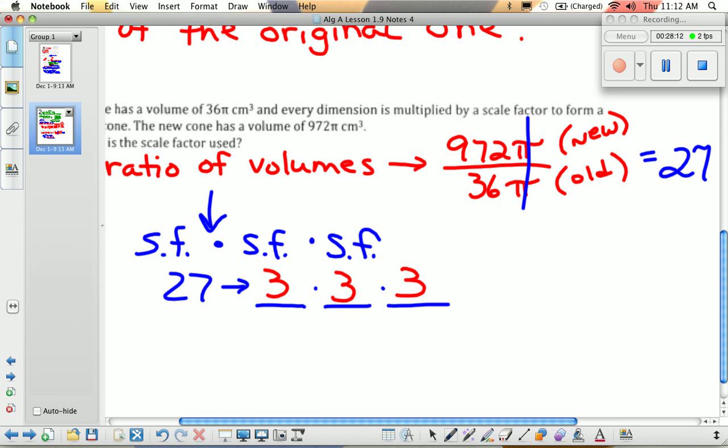We just did this yesterday. I made one that was a 3 by 3 by 3, and you told me that 27 cubes fit in it when the scale factor was 3. 27 was, it was 27 times bigger. So the scale factor is 3.